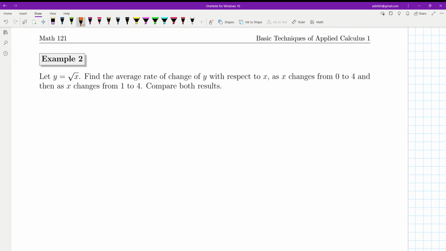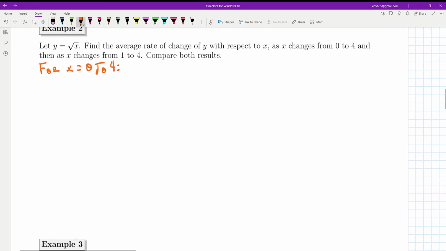Okay, so again, let's do x equals 0 to 4. Let's do the calculations. So y1 equals the function, the square root of 0, which is 0, and y2, in this case, is the square root of 4.